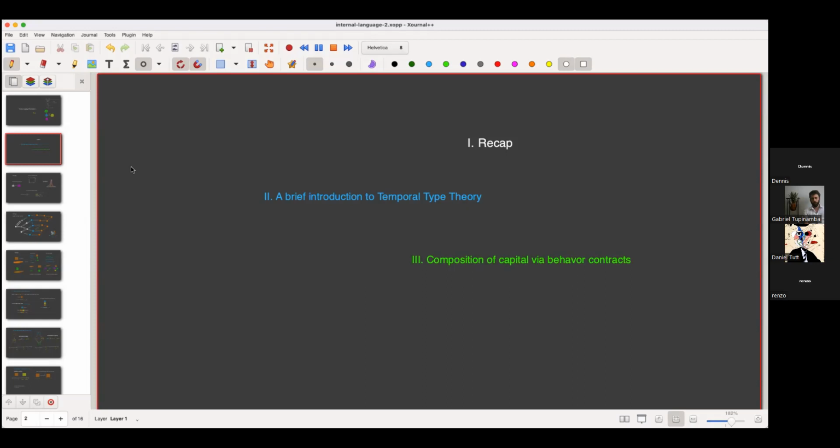And then part 3, I wanted to use ideas from the last presentation and this temporal type theory to revisit the idea of composition with regards to capital. So it's going to be a recap of what is in the latter chapters of the primer, but applying some of these ideas.